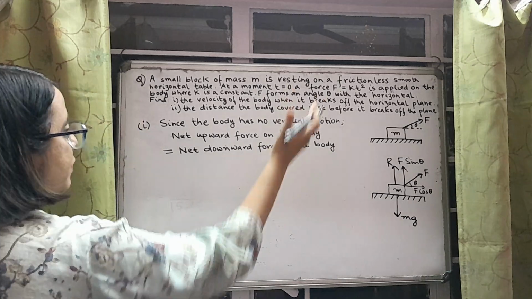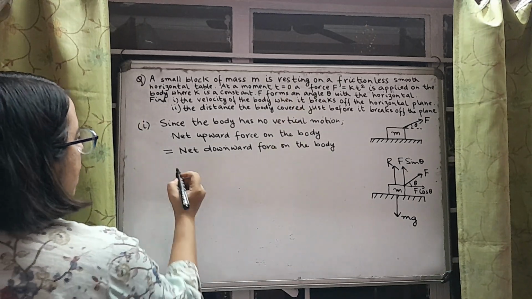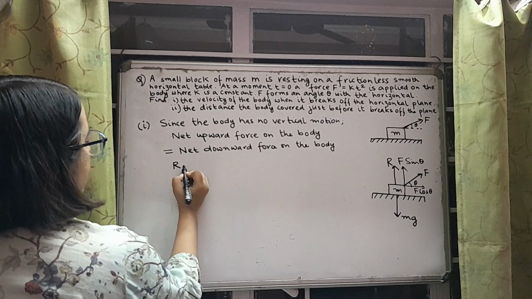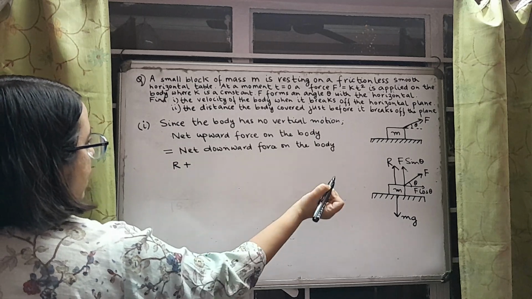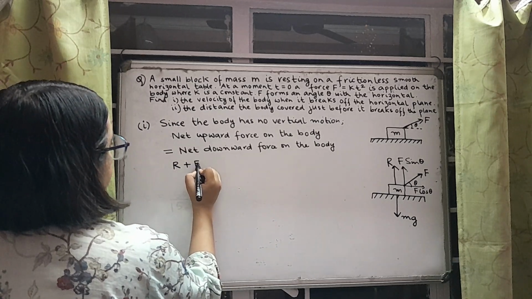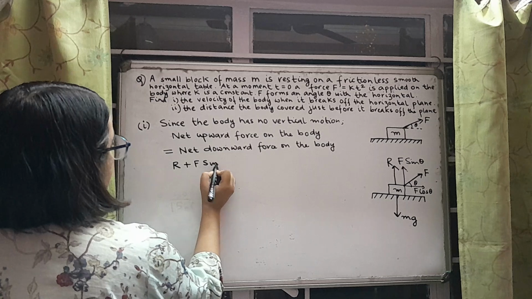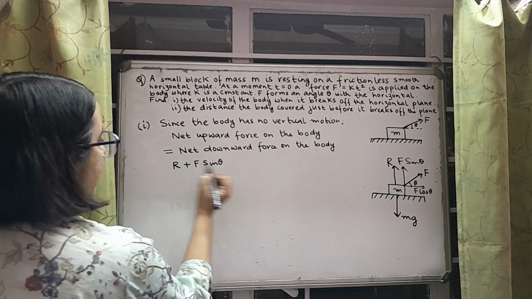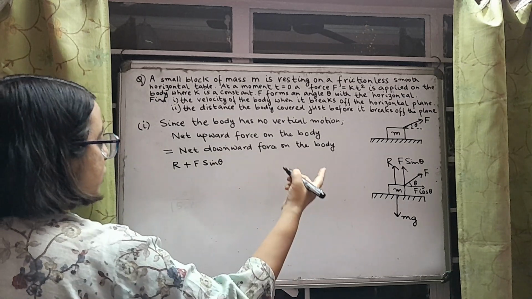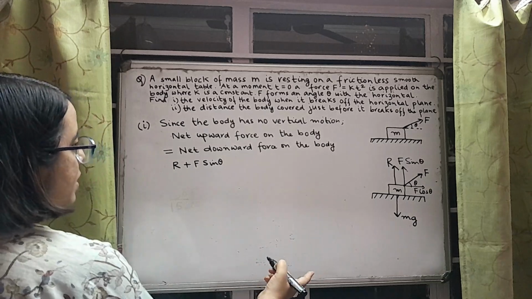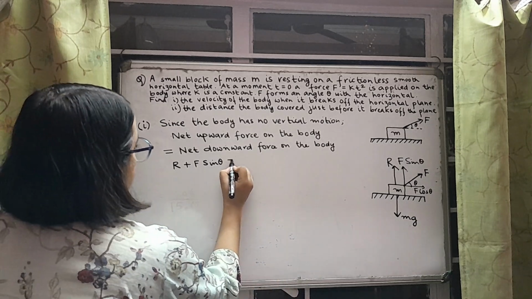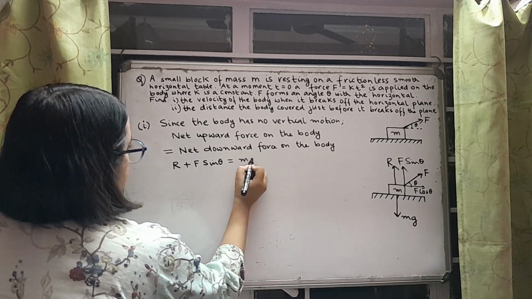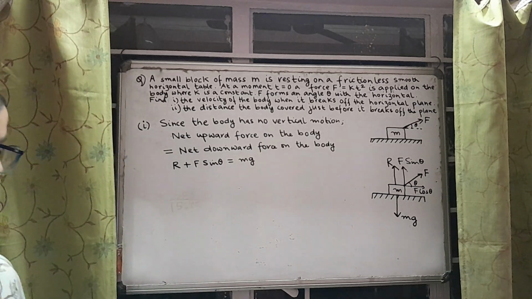So what is the net upward force? We see R is one upward force plus F sin theta is along the upward direction. Both R and F sin theta are in the same direction, so we add them up, and that should be equal to the downward force. What is the downward force? mg is the downward force. So this will be equal to mg.